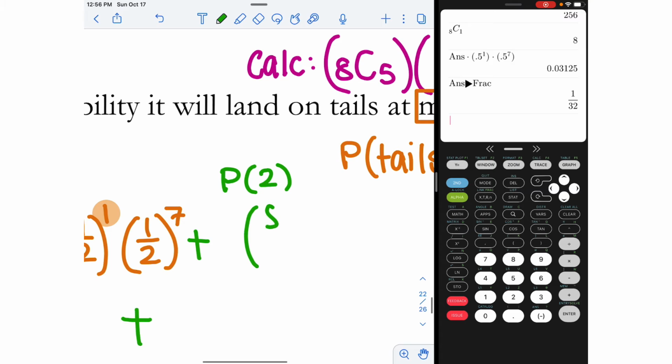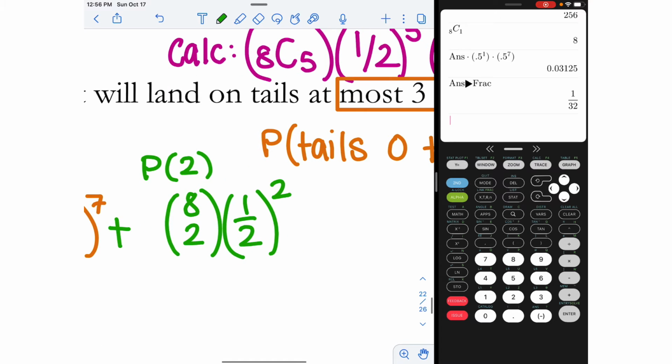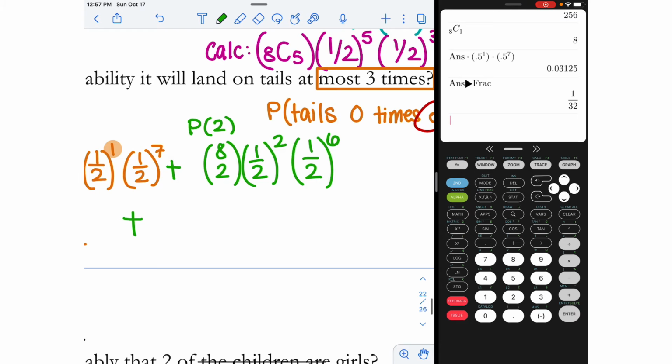Well, I'm still flipping 8 times. I want tails 2 times. The probability I get tails is still 1/2 to the 2nd power because I want it 2 times. The probability I don't get tails is 1/2, and 2 plus 6 will give me 8. Okay.